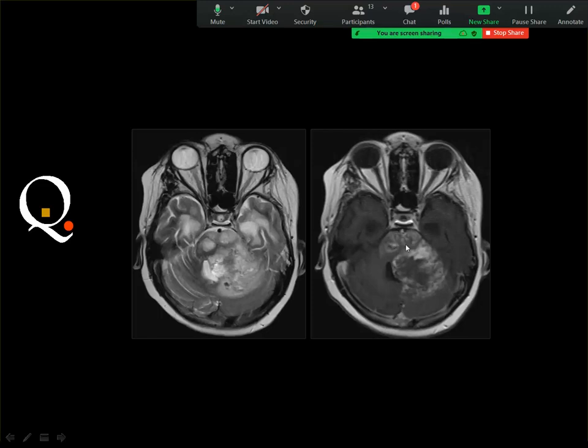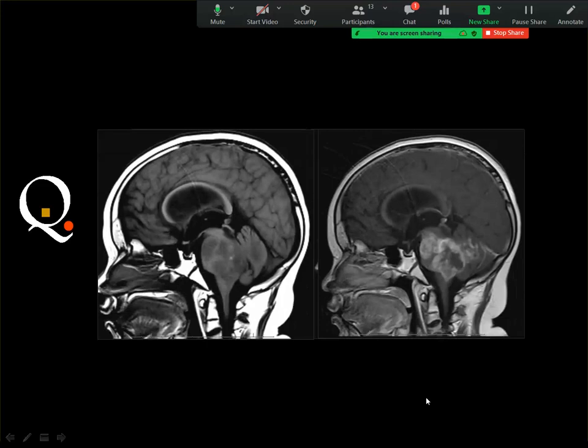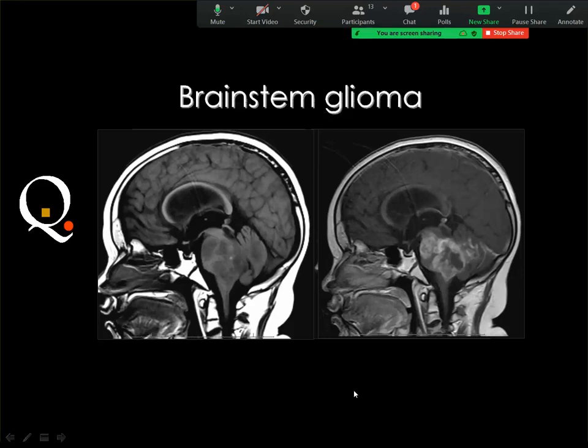And this is more common than a tumor in the cerebellum that extends into the brainstem. Then we agree that this is a brainstem tumor, and of course, the first is a brainstem glioma that has extended through the middle cerebellar peduncle into the cerebellar hemisphere.